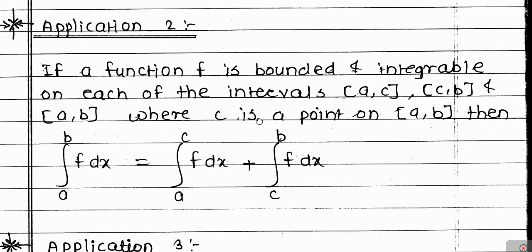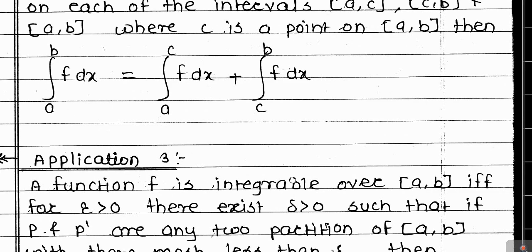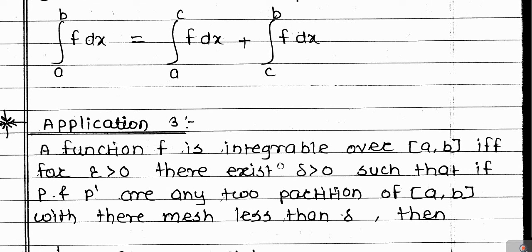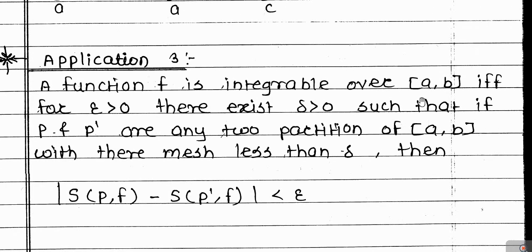Now next one is application number third. The third application is: a function f is integrable over the closed interval a to b if and only if for every epsilon greater than 0 there exists a delta greater than 0 such that if p and p dash are any two partitions of the closed interval a to b with their mesh less than delta, then the difference of the Riemann sum over the partition p for the function f and the Riemann sum over the partition p dash of the function f should be less than epsilon.